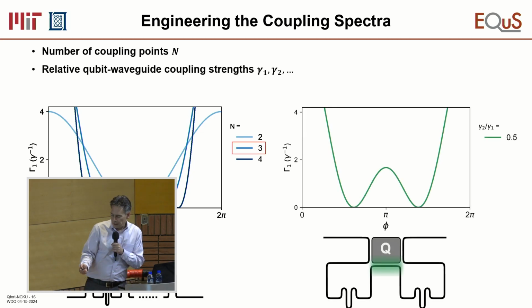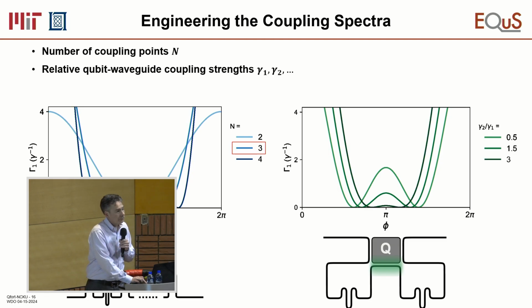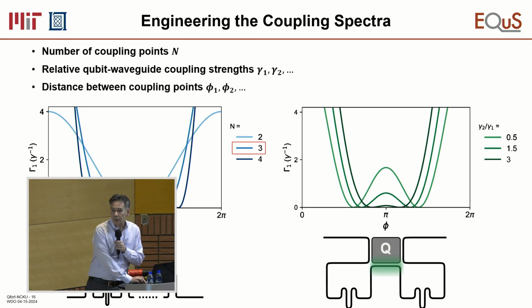We can also, if we have more than 2 coupling points, change the relative size of them. So gamma 2 over gamma 1. You can see here, this is just one example of 0.5. But as we change that ratio, you can see how the coupling spectra changes. Okay, and then of course we already talked that the distance between the coupling points also matters.